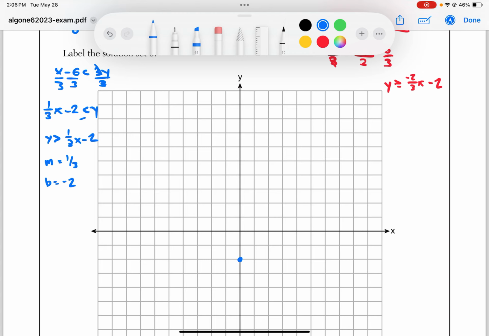And then the slope is positive 1 over 3. So rise 1, run 3. And we'll get that point. Rise 1, run 3. Fall 1, go left 3. Just keep going, make the line. Since it is a strictly greater than symbol, we're going to use a dotted line.